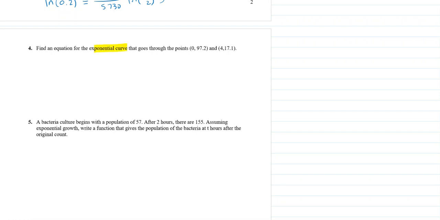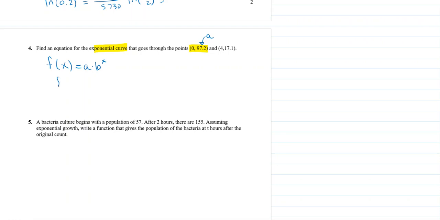So for the exponential curve, I want to get this form of my function, a times b to the x. Well, this first point over here is a very important point because it has 0 as its x-coordinate, which means it's the y-intercept. And that means that the y-coordinate of that point is just a.